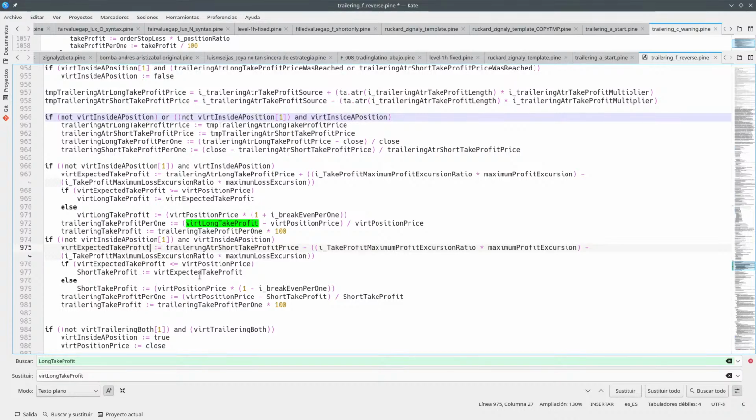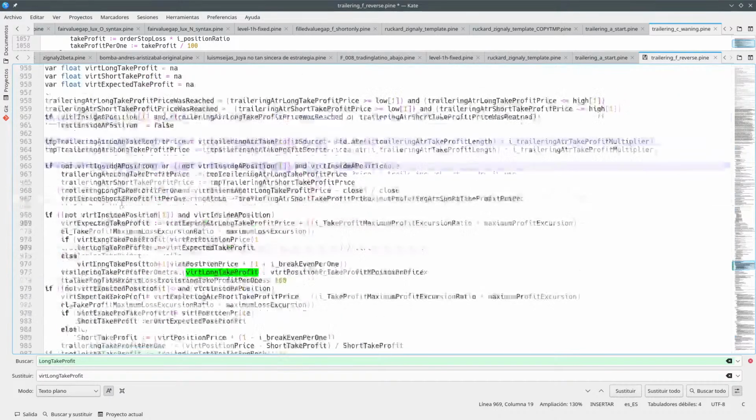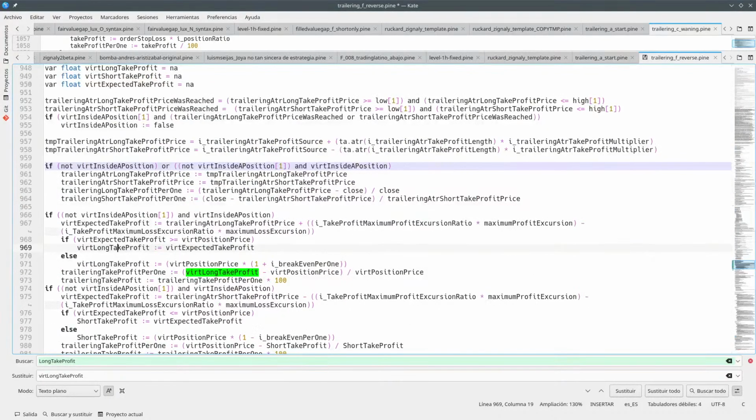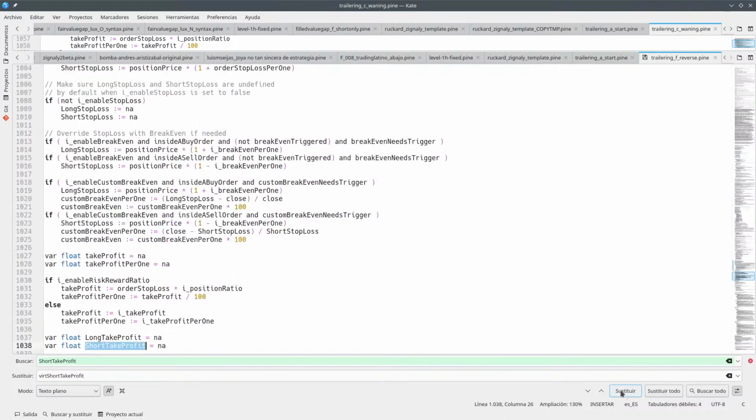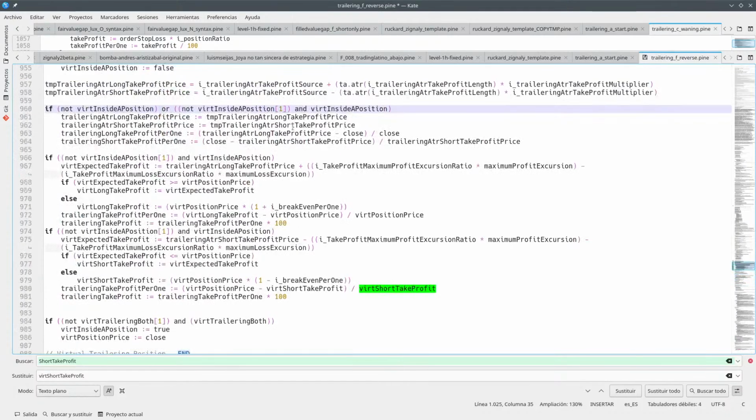We also have short take profit, which should also be renamed into bear short take profit. Not this one, but those ones. Okay.